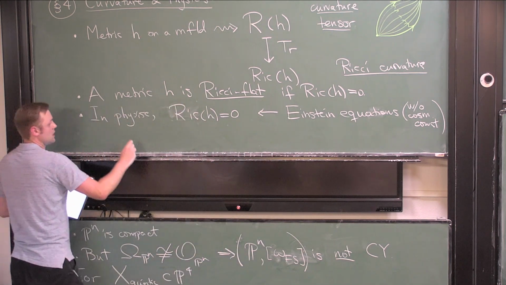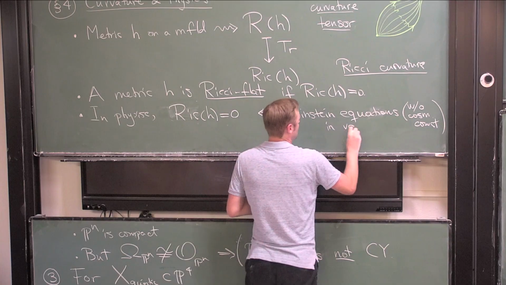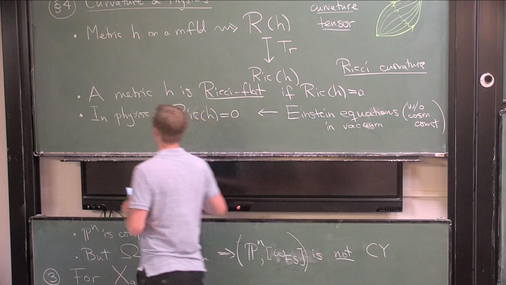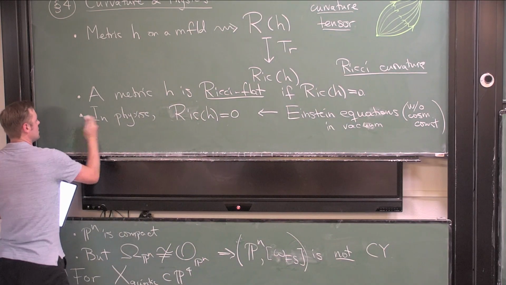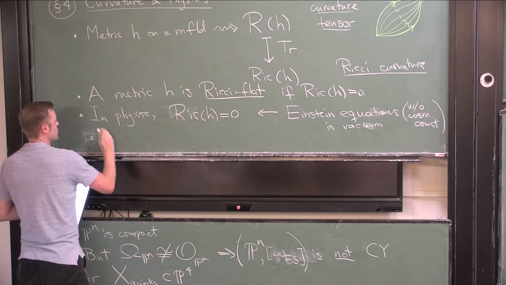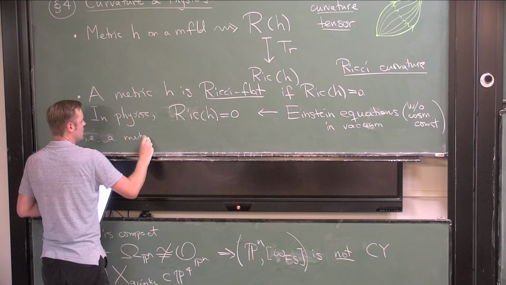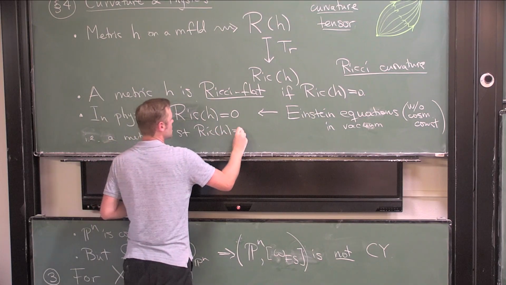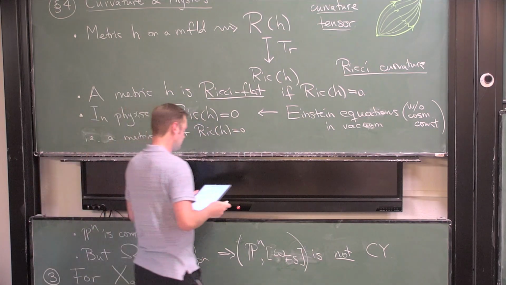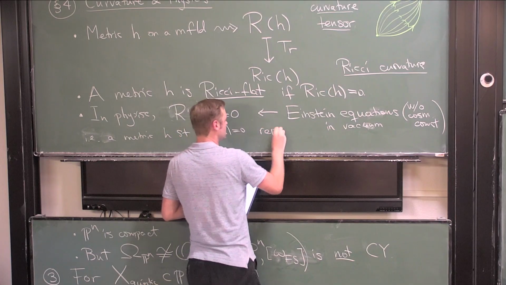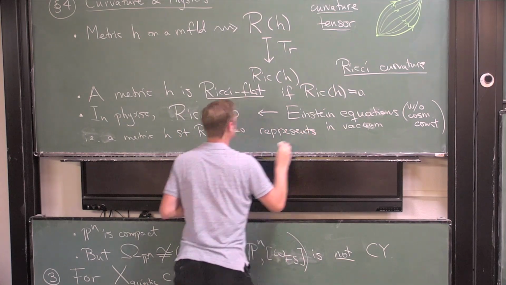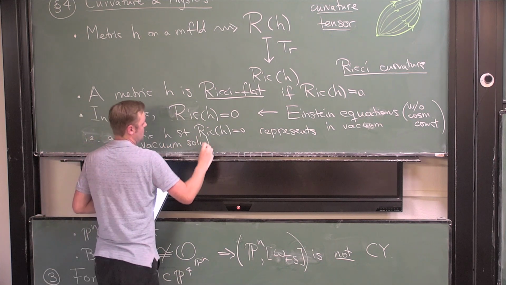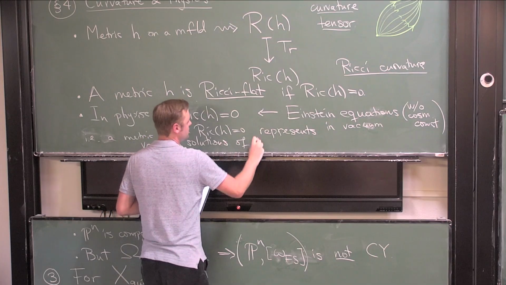So in other words, a metric H with 0 Ricci curvature, a Ricci flat metric, just represents vacuum solutions of Einstein field equations.